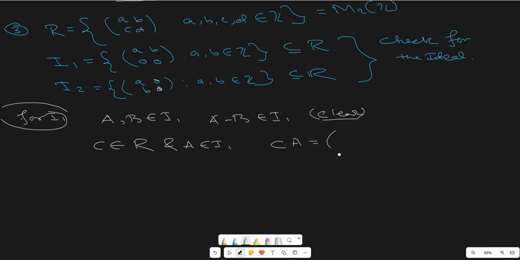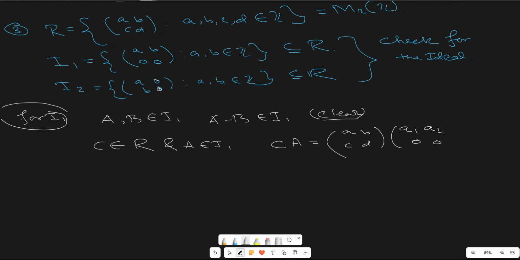So what is C? C will be something like (A, B; C, D), because C can contain every element A, B, C, D, right? And for A I can take (A1, A2; 0, 0).